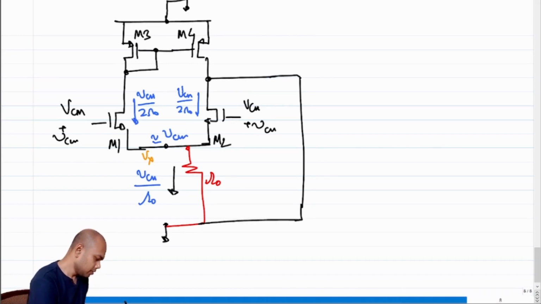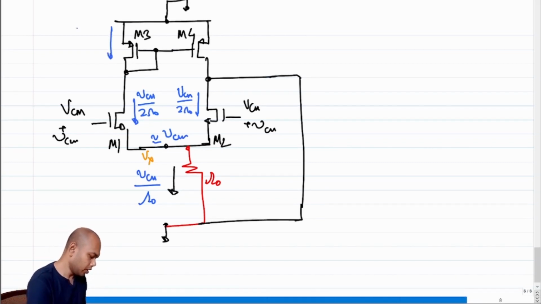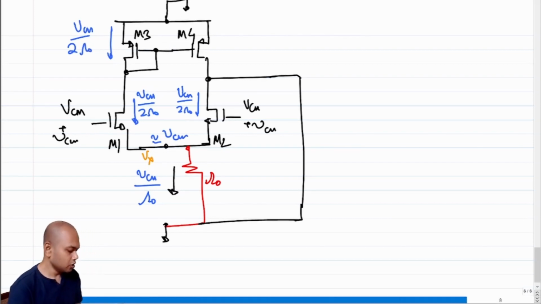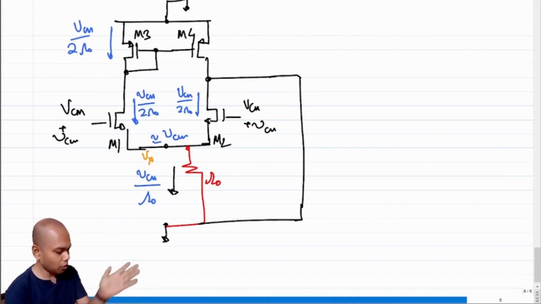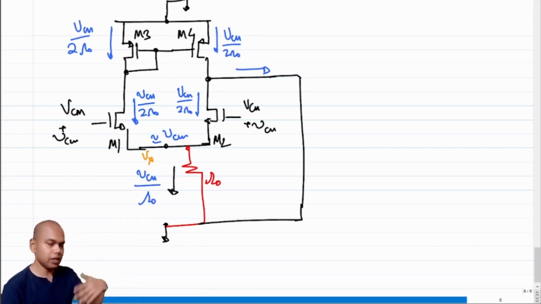Okay, so the current VCM over 2 R0 on the left branch that is flowing through M1 flows through M3. This is also VCM by 2 R0, correct? So this current gets copied through M4. So this becomes VCM by 2 R0. So what is the current that is flowing into the incremental short?